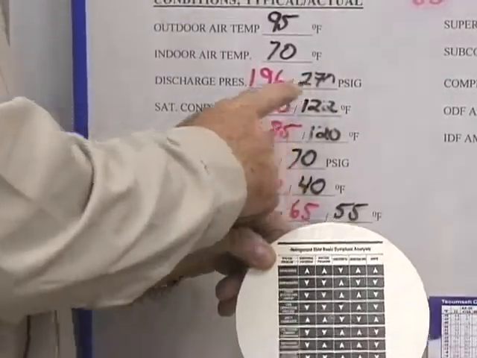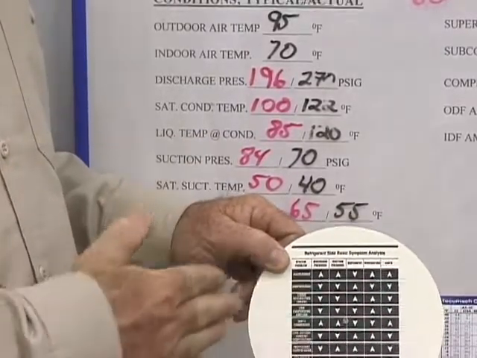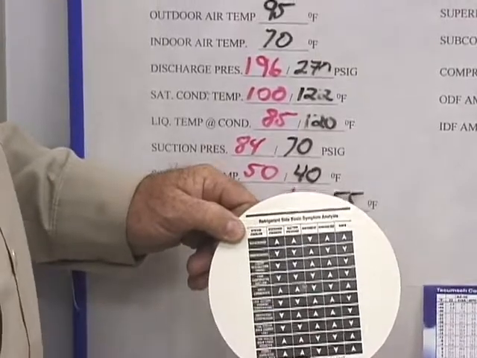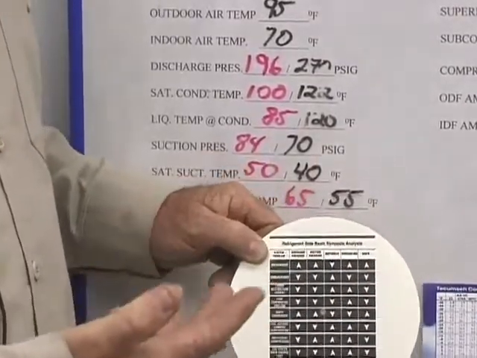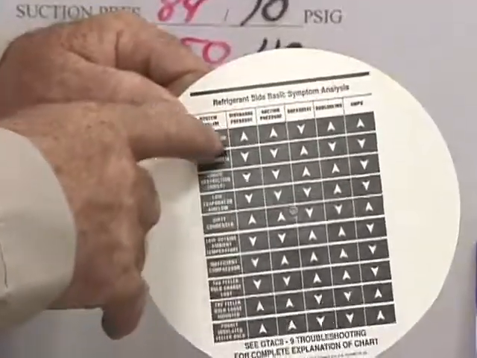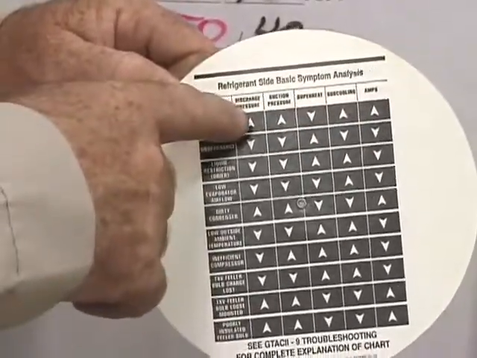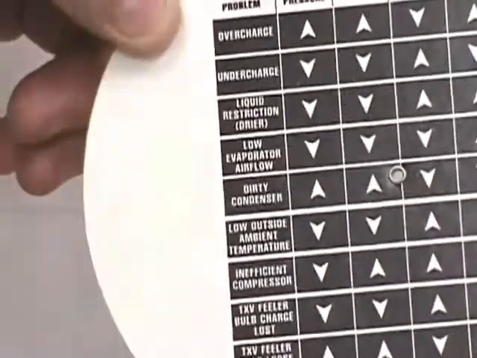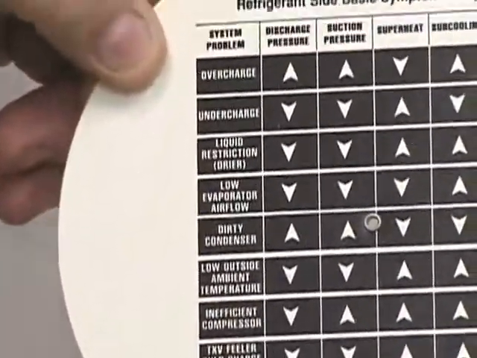But because it's 270, and understand I made it that way to make it look obvious, that's a problem. So your arrowhead in this line right here for discharge pressure is pointing up. That could mean that we have an overcharged system.